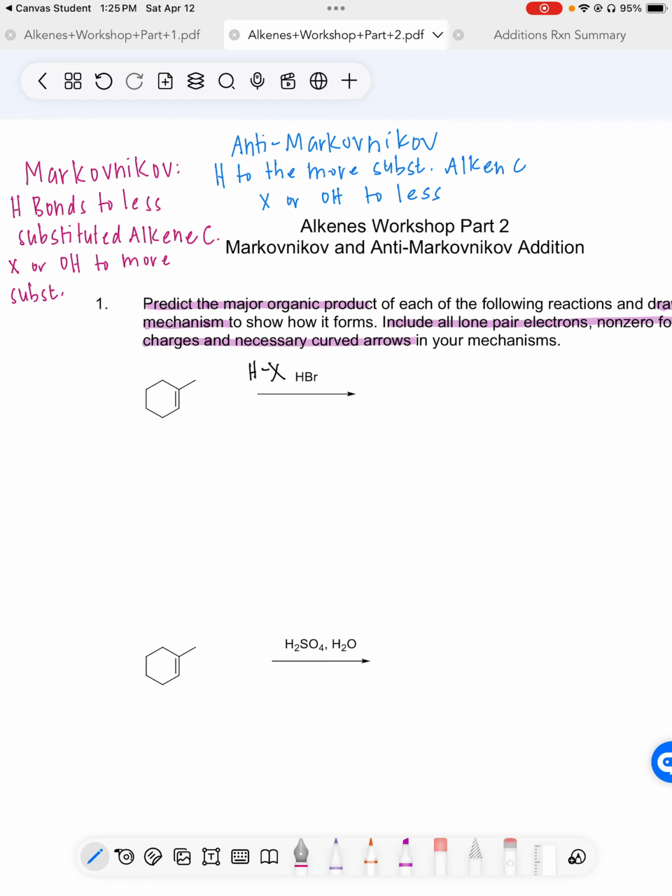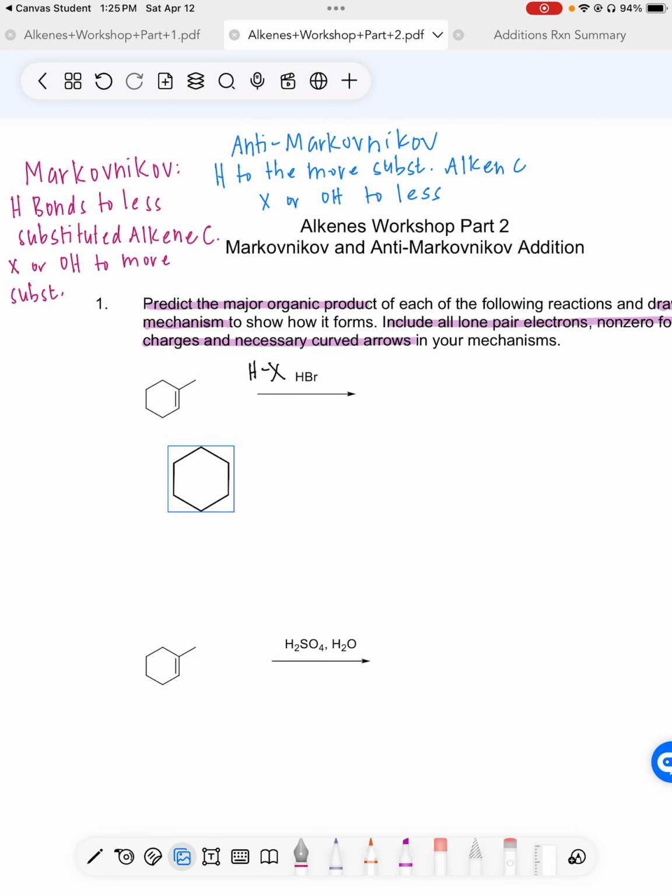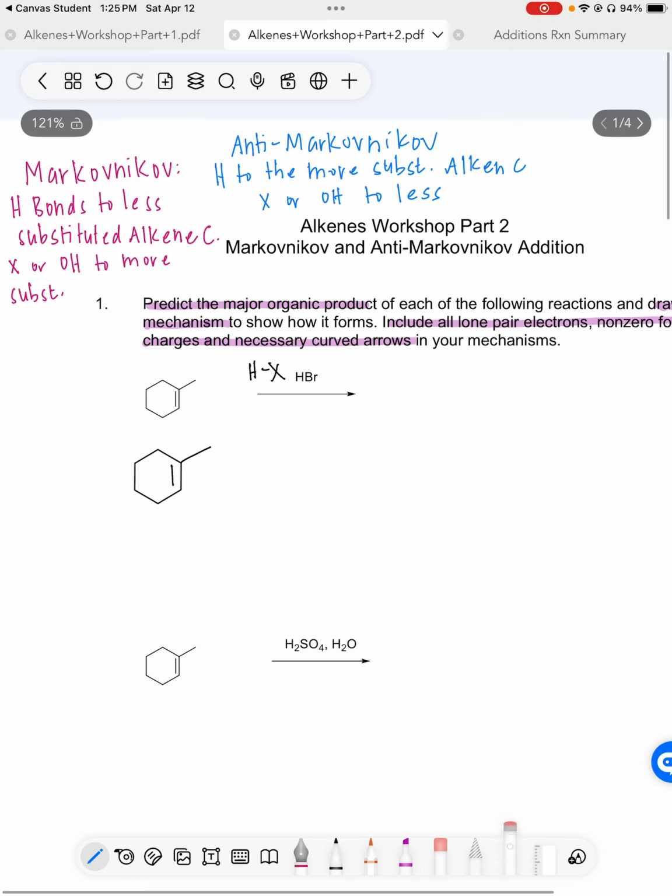Okay, so I have stickers because I don't know how to draw. Shapes are hard. So we start out with this alkene, and we have decided that this is a Markovnikov. So we know that in a Markovnikov, the H bonds to the less substituted alkene, and the X or OH bonds to the more substituted. So we could straight away just predict the product of this.